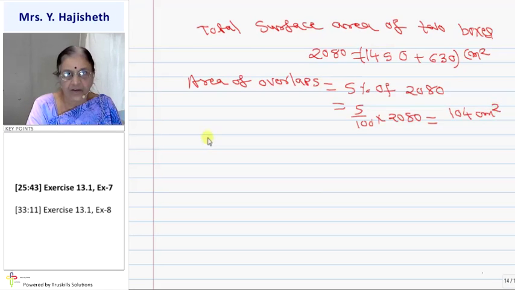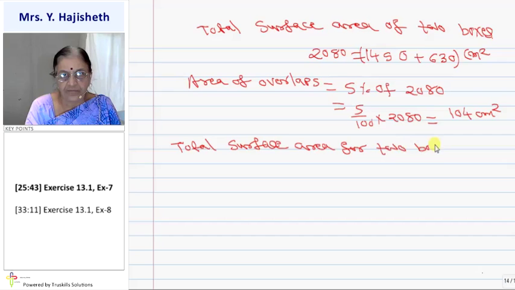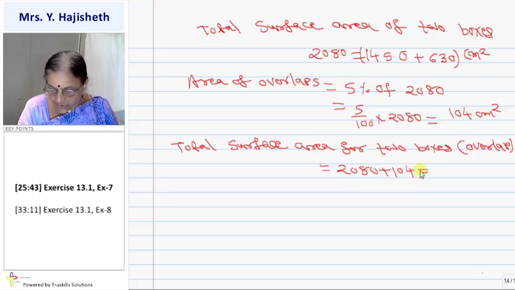So total surface area of two boxes with overlap is this 2080 plus 104. So it is 2184 centimeter square.